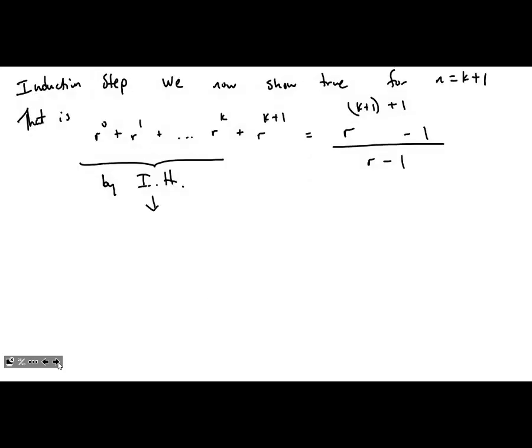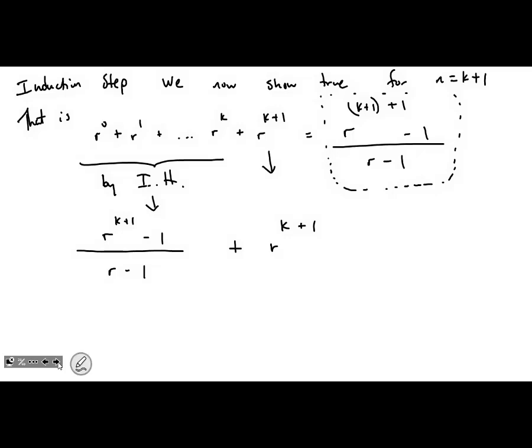So by the inductive hypothesis, this sums up to r to the k plus 1 minus 1 over r minus 1 plus r to the k plus 1. Okay, and I would like to try to add these together, and see if it's equivalent to this right-hand side right here.